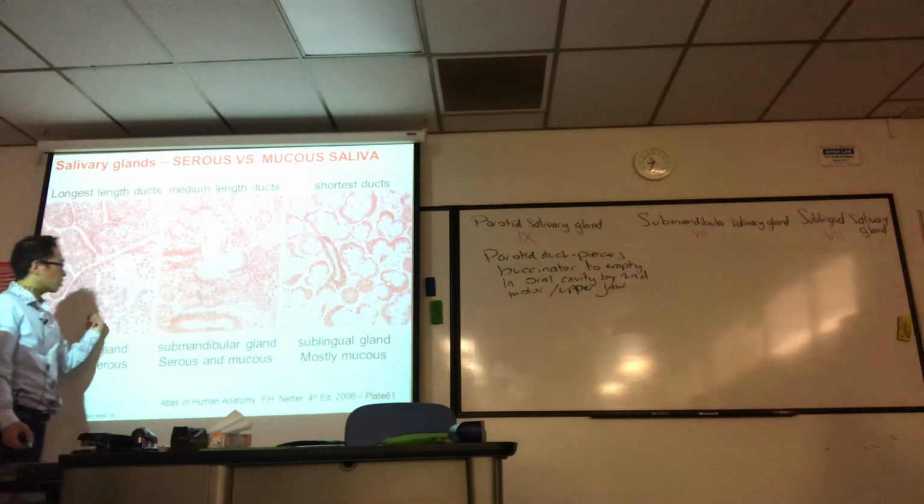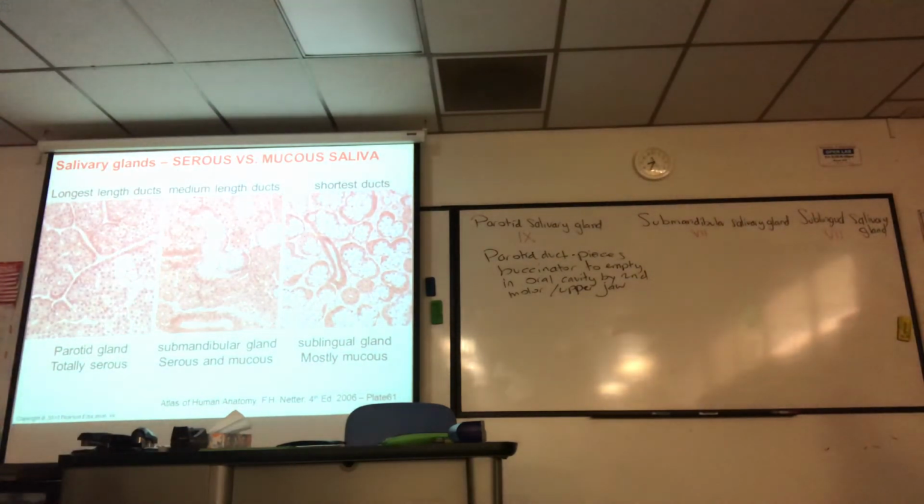Basically, hardly have any here. It depends on the duct length. A watery saliva has no problem traveling down a long duct, but mucousy saliva needs a shorter duct because it's harder for it to travel through the duct. And so medium to short ducts can have mucus saliva, but long ducts only have serous.